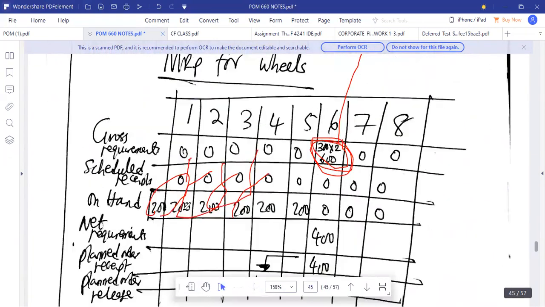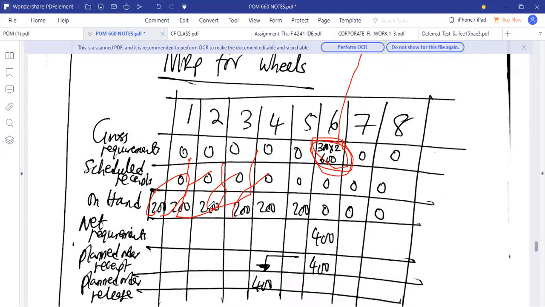Then 200 plus 0 minus 0 is 200, similar to the previous workings, adding this and subtracting the demand. 200 plus 0 minus 0 is 200, again and again for the earlier weeks.